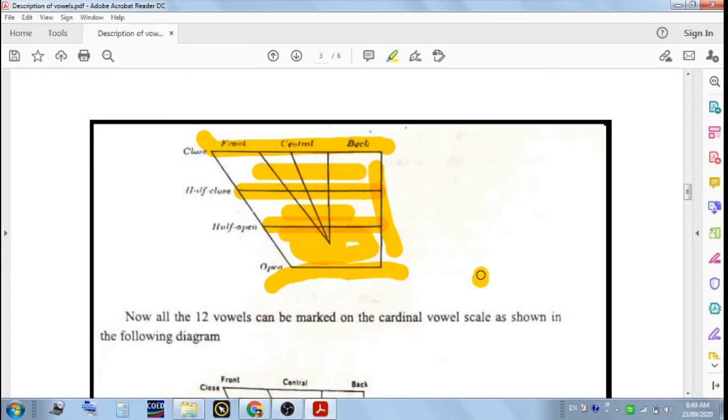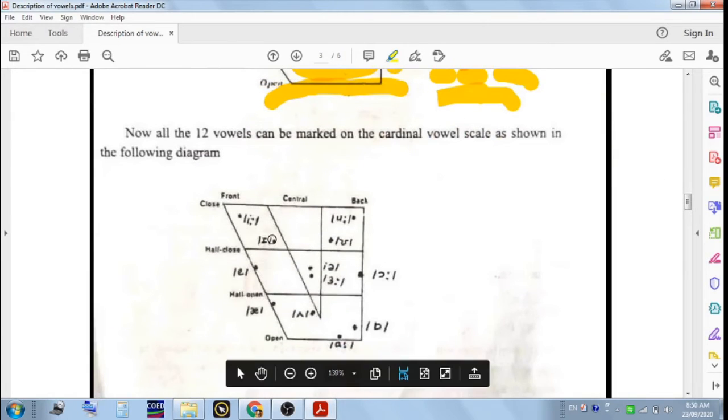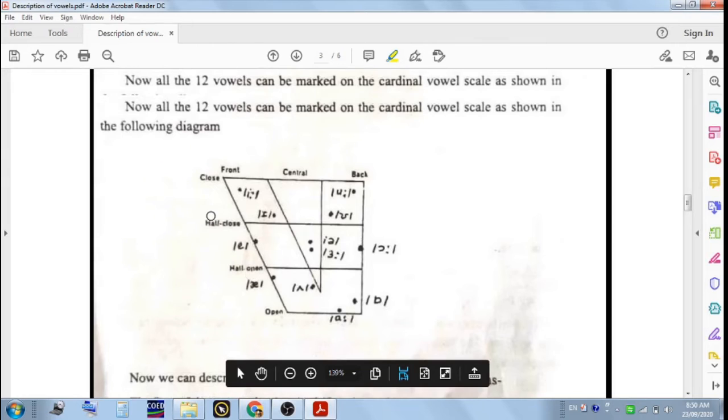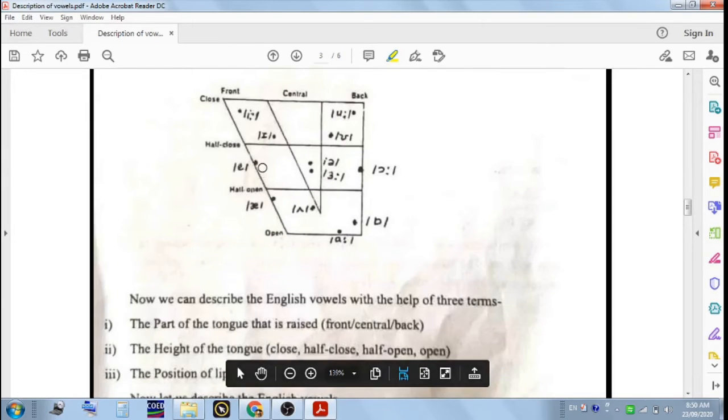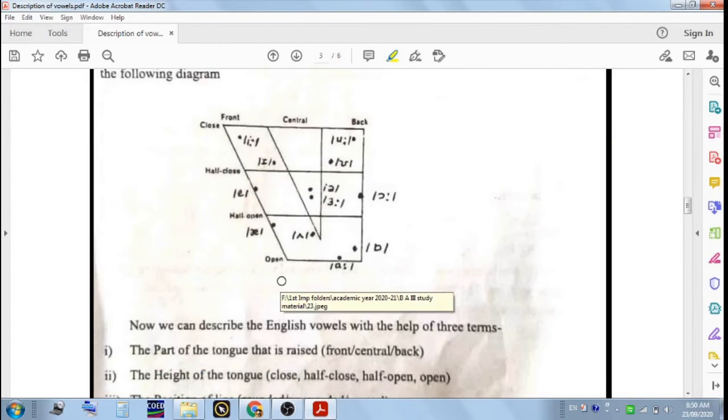So this is back part, this is central part, and this is front part of the tongue that is raised towards the palate. So this figure shows you at exactly which position which vowel sound is produced.